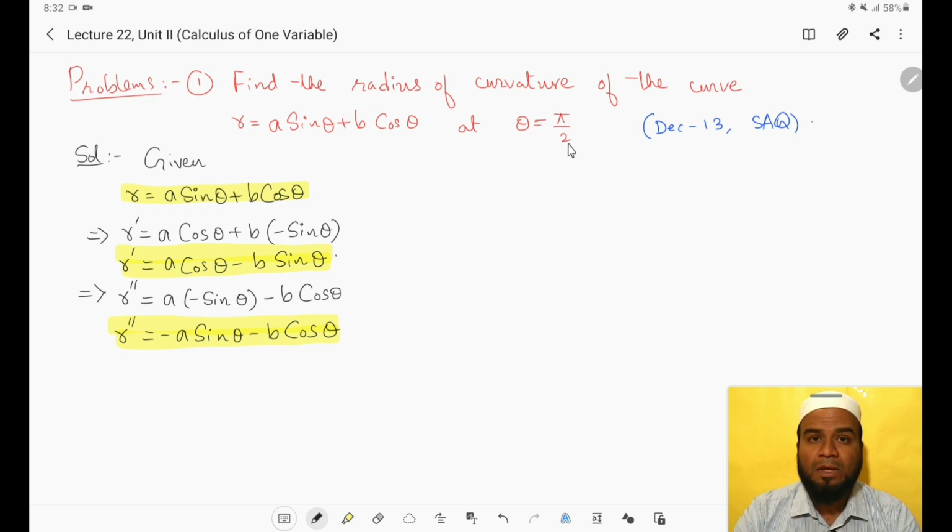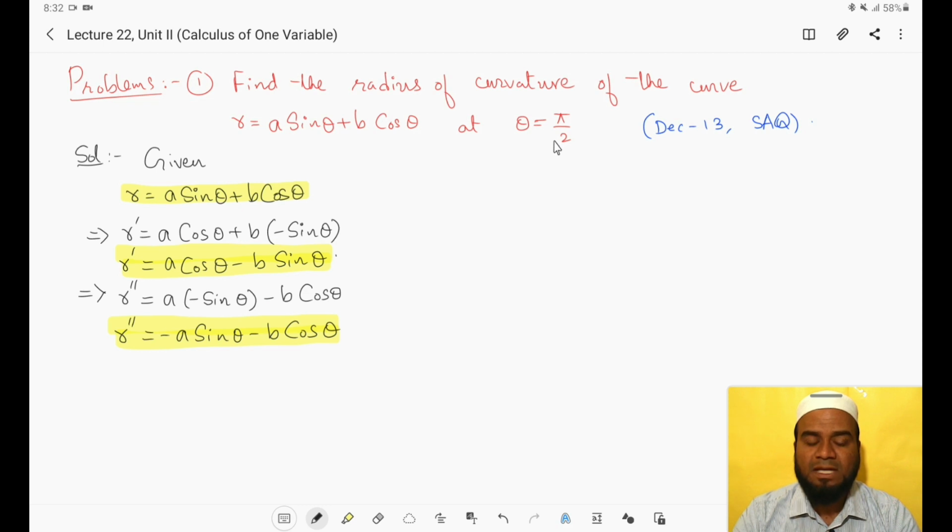Now see, we have to evaluate the radius of curvature at some particular point, theta equals pi by 2. We are not asked to evaluate the radius of curvature at any point. If the question is to evaluate the radius of curvature at any point, then we have to substitute this r, r dash and r double dash directly in the formula. Already I told you in the previous 2 classes, if any point is given, then while evaluating, it may be y dash, y double dash, or x dash, x double dash, y double dash, we have to substitute the given point.